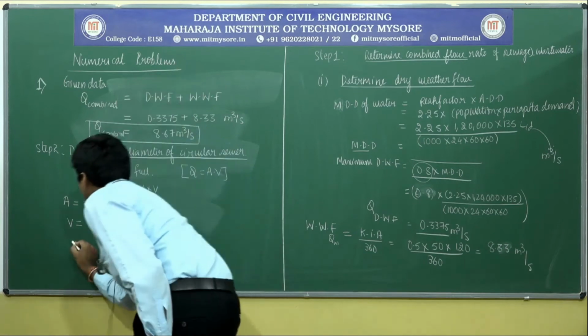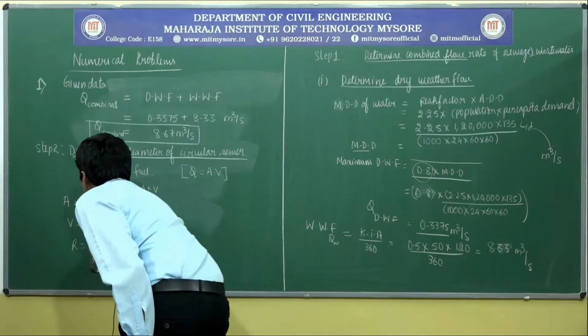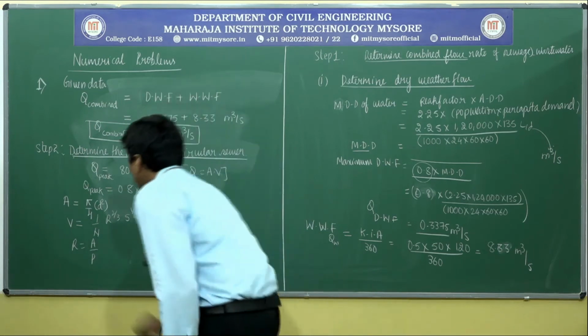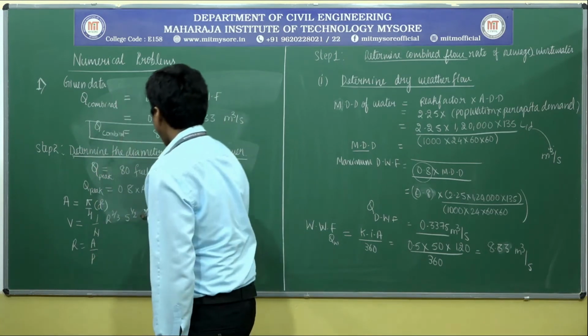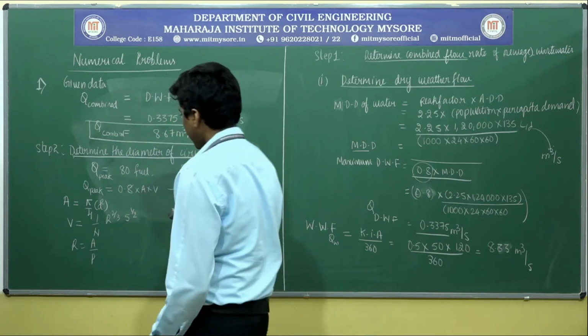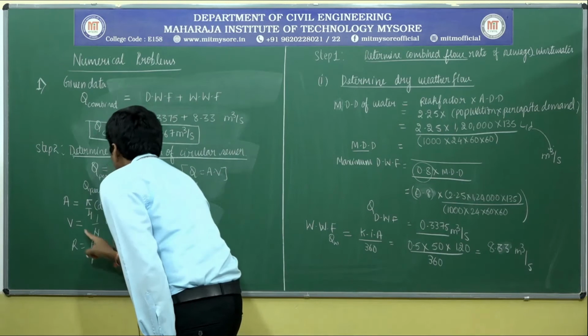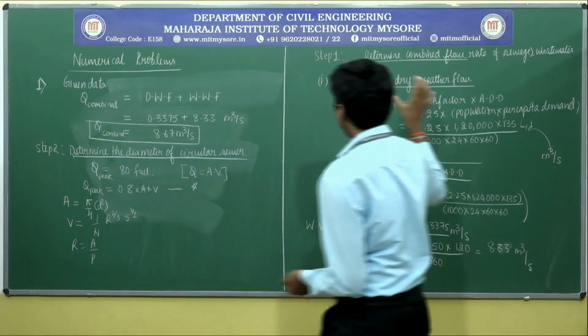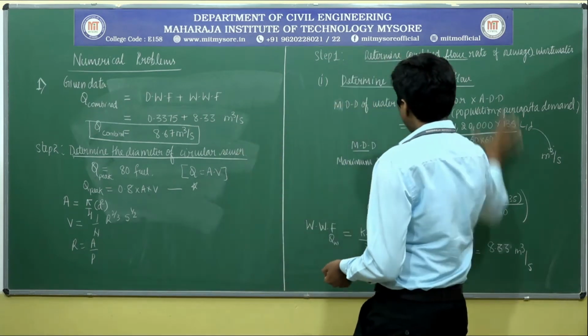And R is equal to A divided by P. If we call this equation star, we need to substitute it and get it back later.